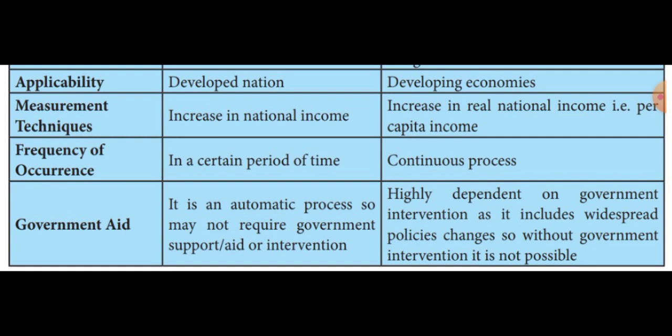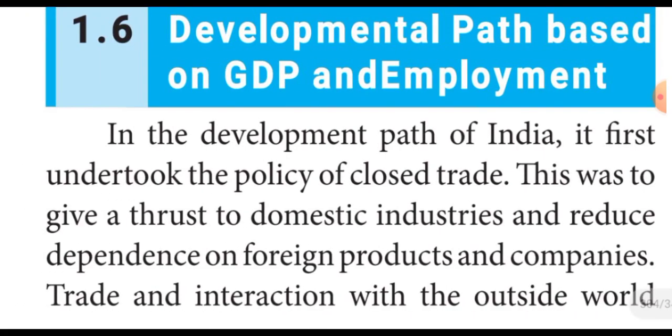Okay, students. Then next, we learned about the developmental path based on GDP and employment. Through putting in some policy and trade conduct, our economic condition will get some development.